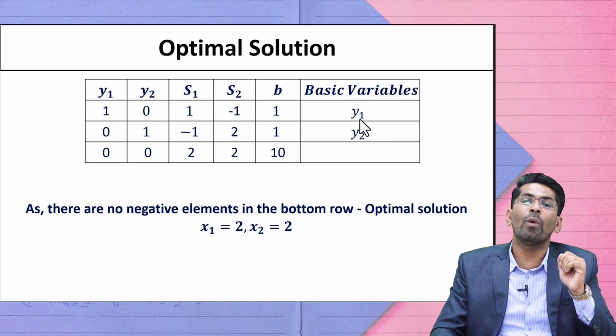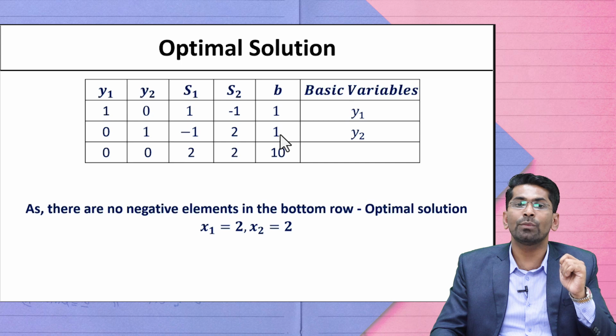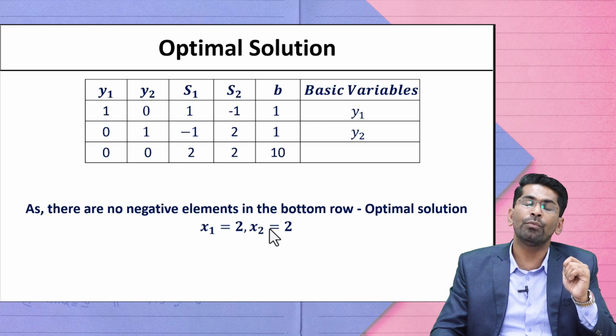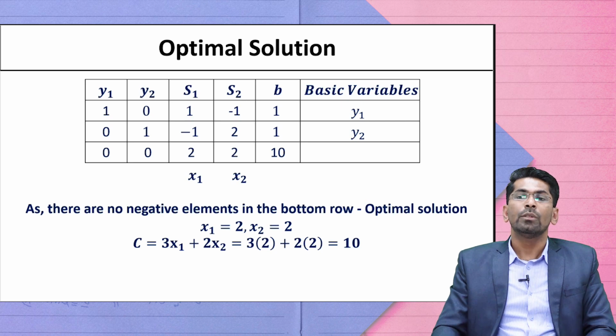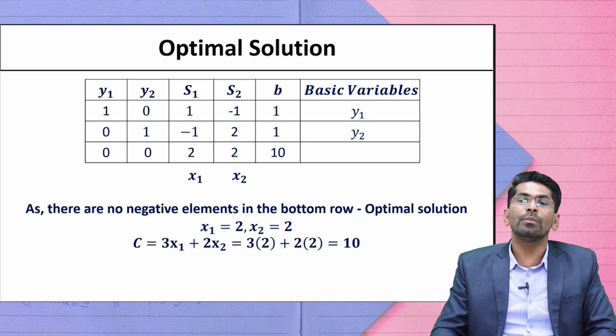But the variables here are y1 equal to 1 and y2 equal to 1. We want to find x1 and x2, because x1 and x2 are the actual values for our minimization problem. Here the values of x1 and x2 correspond to the slack variables s1 and s2. So the minimization problem's solution is found under the slack variables, yielding x1 equal to 2 and x2 equal to 2.